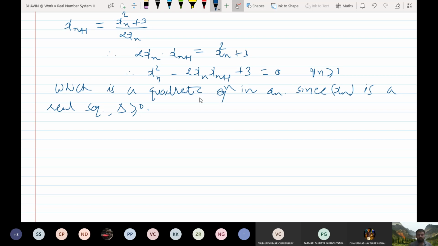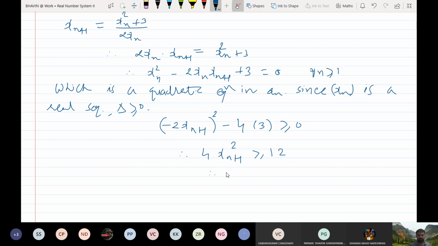So you can see this is a quadratic equation in xn. Minus 2xn plus 1 will be your b. So b square means minus 2xn plus 1, minus 4, a is 1 and c is, so this is nothing but 4 (xn plus 1) square greater than or equal to 12.